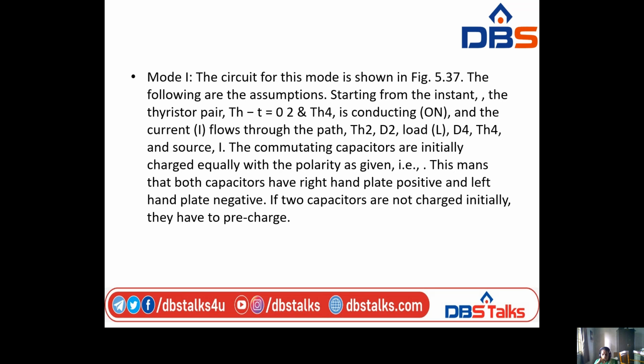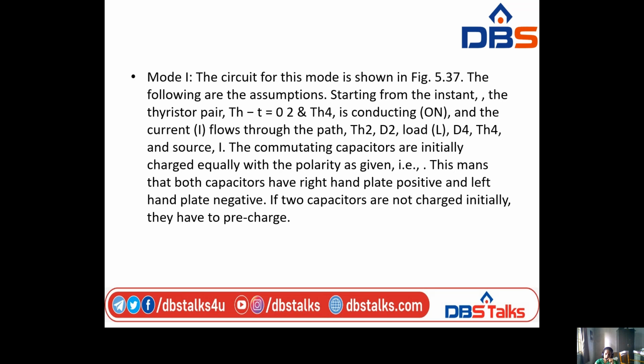In mode 1 operation, TH2 and TH4 are triggered, and then TH2 and TH4 will be conducting. The current flows through the path TH2, D2, load, D4, TH4 and source.